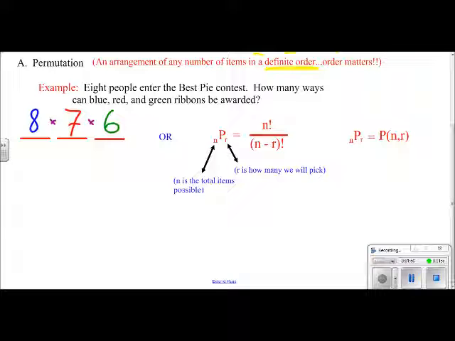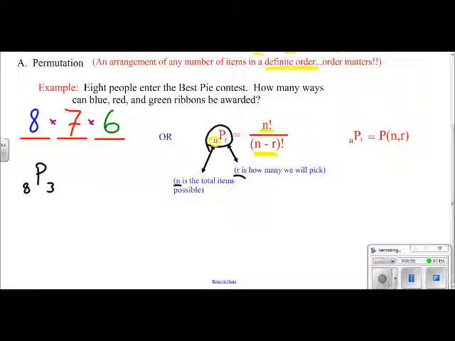So 8 times 7 times 6. Another way to write this in permutation notation would be nPr, where n is the total possible items and r is how many we will pick. So we would say 8P3, where P stands for permutations. What this means is n factorial over n minus r factorial.